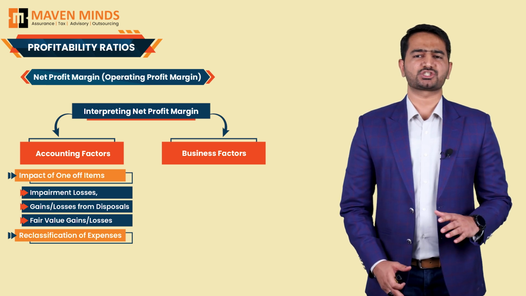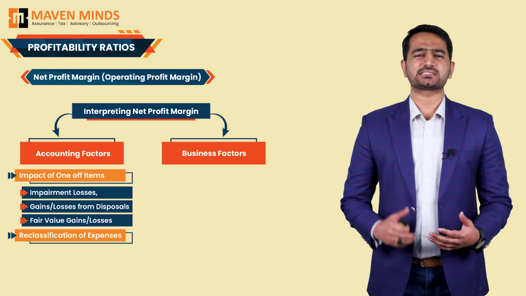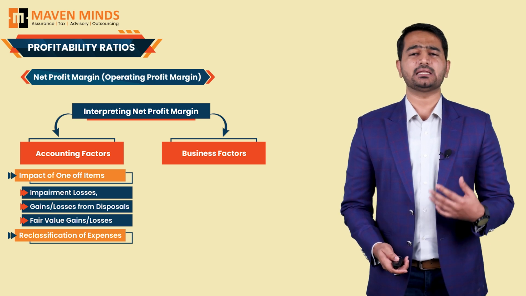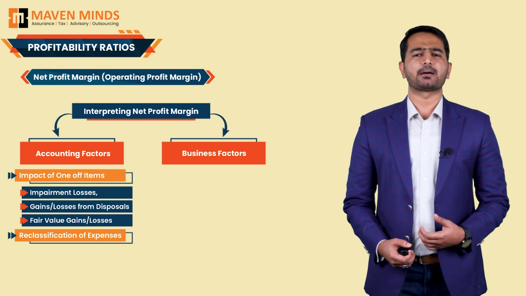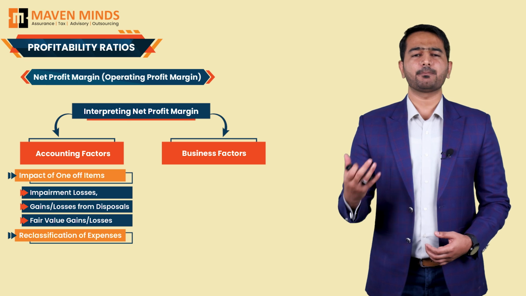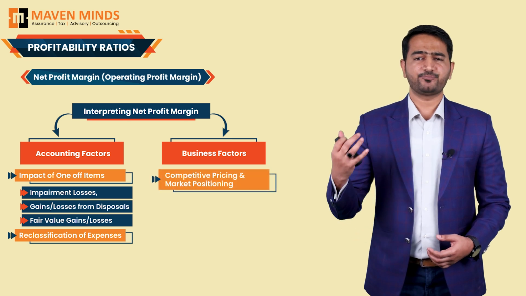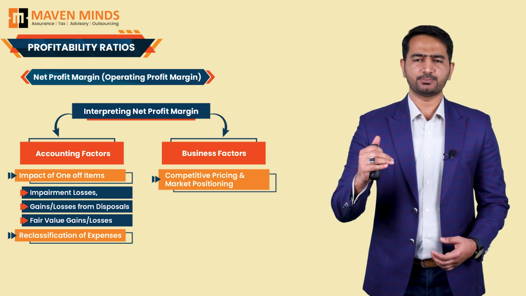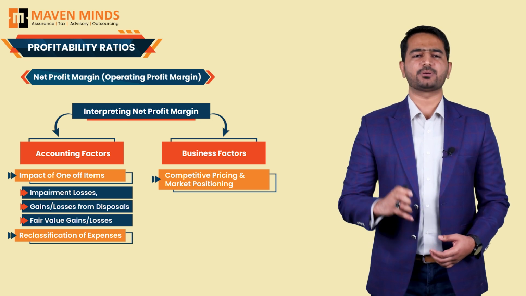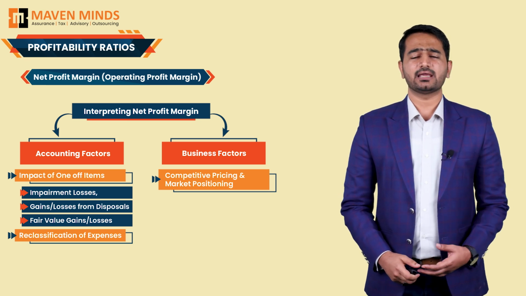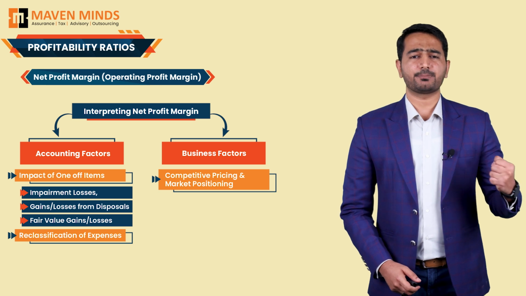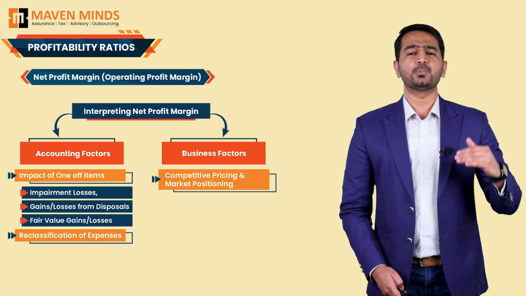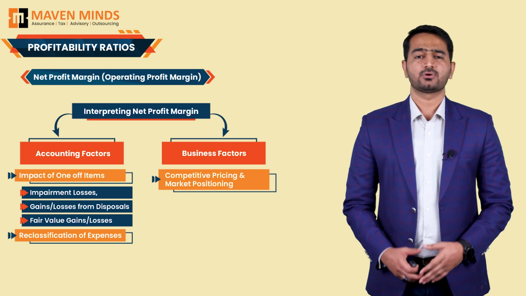Aside from accounting adjustments, real business decisions and economic conditions also play a major role in shaping net profit margin. For example, intense competition in the market may force a company to lower its prices, thereby reducing both gross profit and the net profit margin. On the other hand, if the company has a strong brand, it allows the company to charge higher prices, boosting its net profit margin.